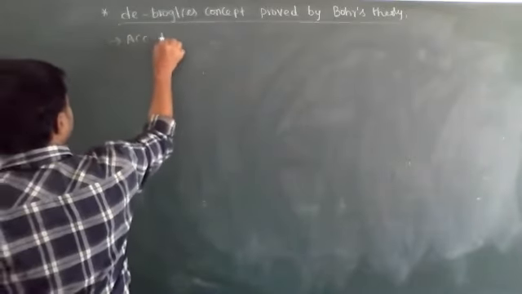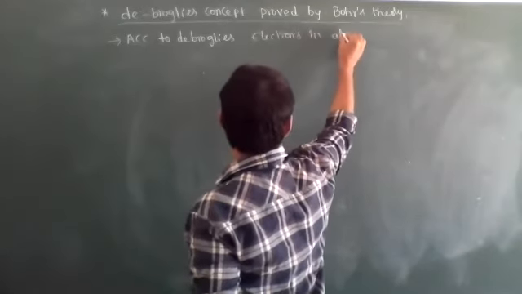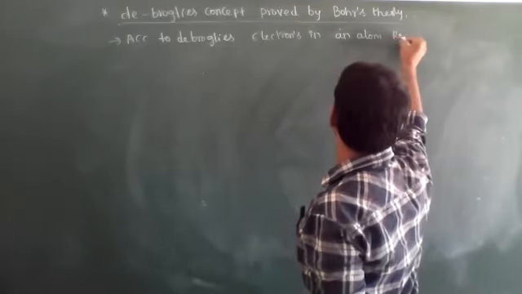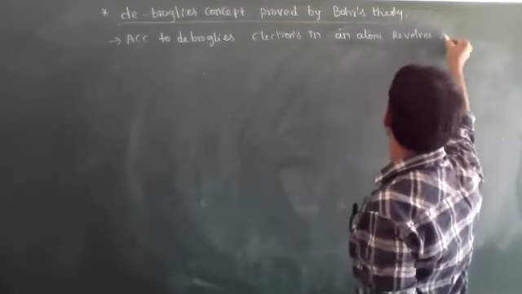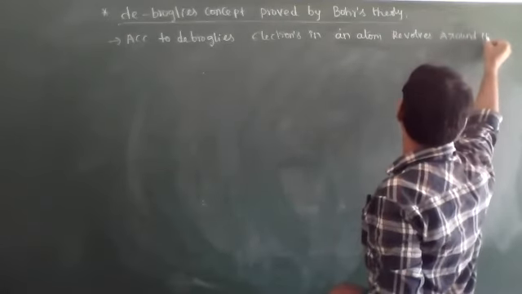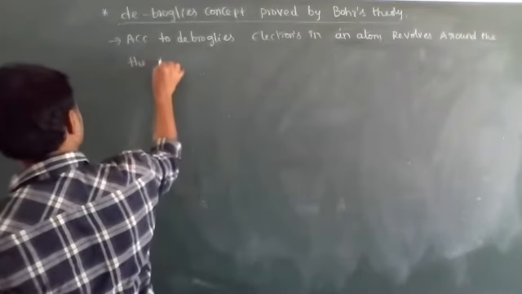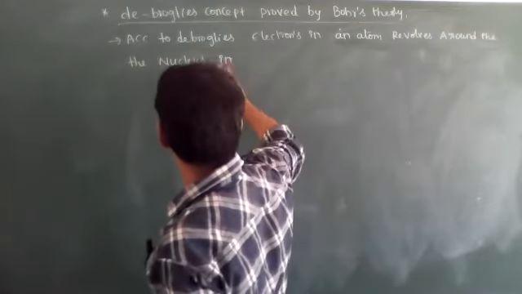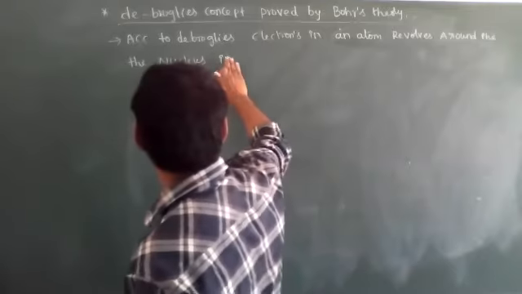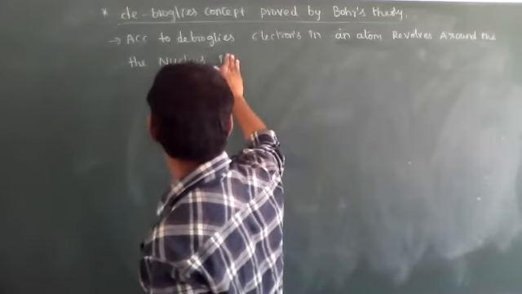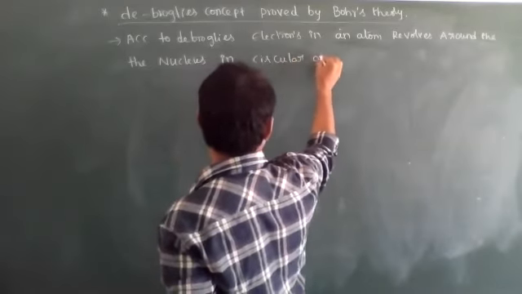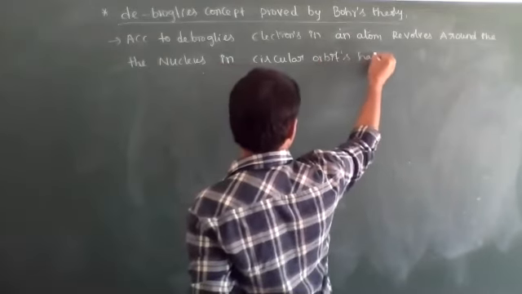So according to de Broglie, electrons in an atom revolve around the nucleus in circular orbits, and they have wave nature.